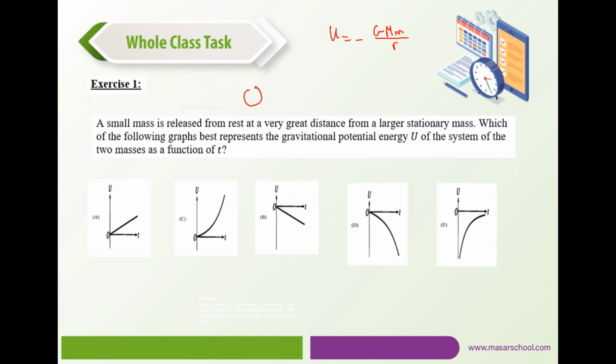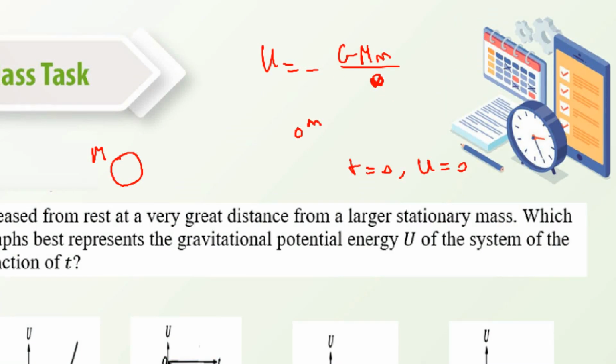So this is the big mass and this is the small mass. Initially, at t equal to 0, they are separated by a very great distance, which means initially the potential energy is 0, because for a very great distance r tends to infinity and the potential energy would be 0.